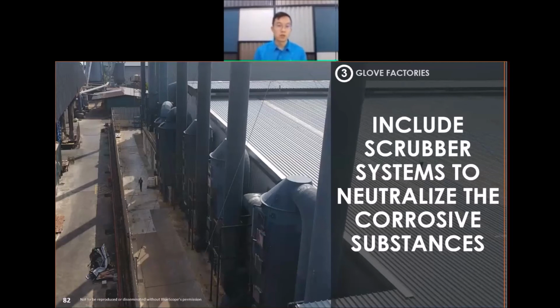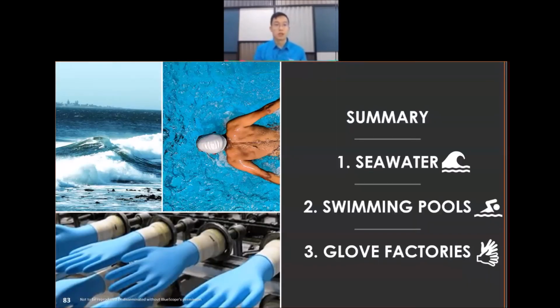Okay, so today what we covered here is first seawater. So how seawater affects your building because of the content of sodium chloride contained in the seawater. Right. So to prevent the build-up of seawater, of course, first you have to look at whether your building design has any vulnerable areas, like for example fasteners.